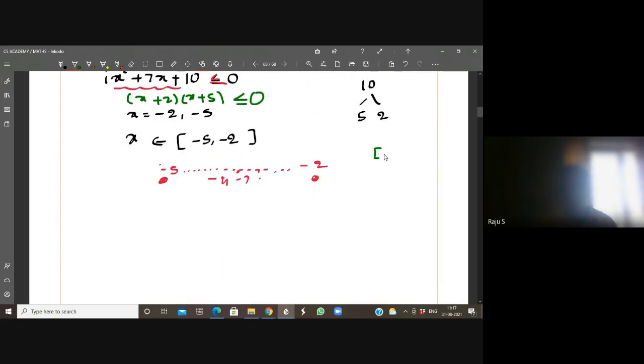Don't take closed interval for minus infinity and plus infinity. For infinity, you should not take any closed interval, because it is not a finite value. It is an infinite value. We don't know that infinity value. So open interval. Got it?